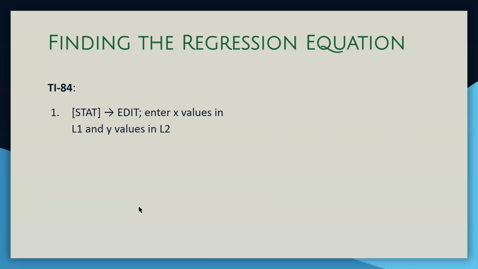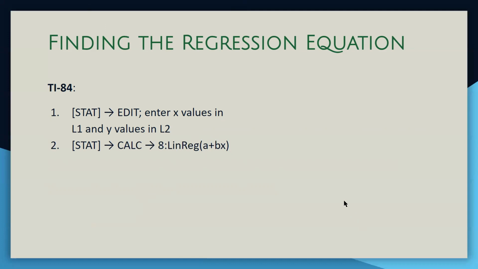Your X values go in list 1 and your Y values go in list 2. And it's important that you keep them in the same order that they were in the data table, because remember that those X and Y values are paired together. Each pair of values represents a single point in the scatter plot.